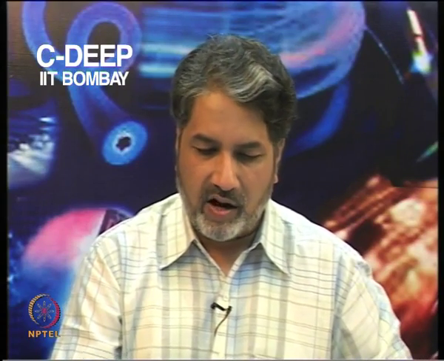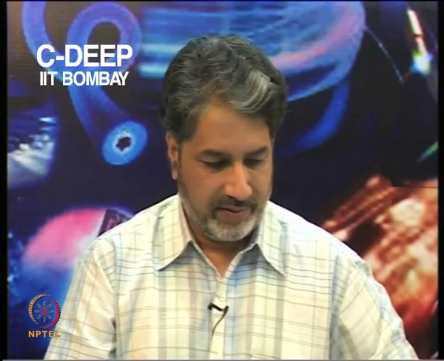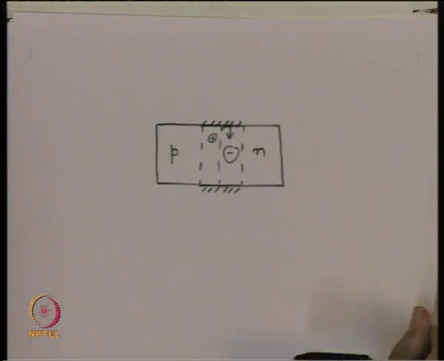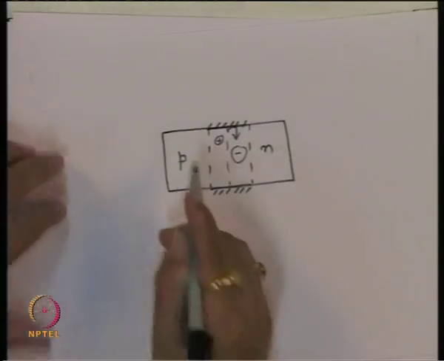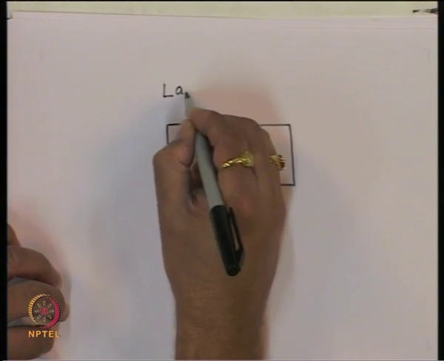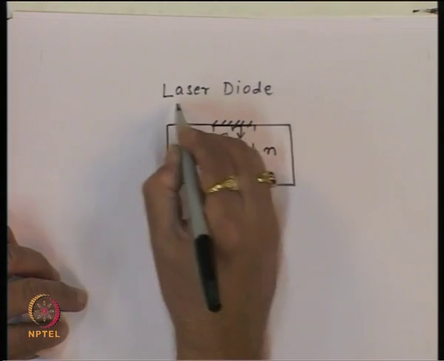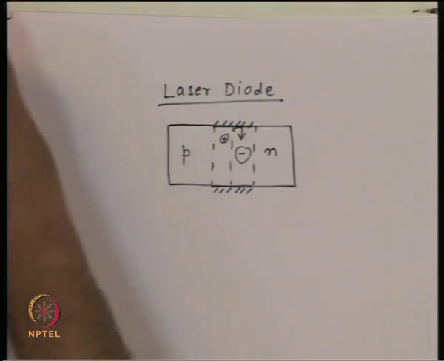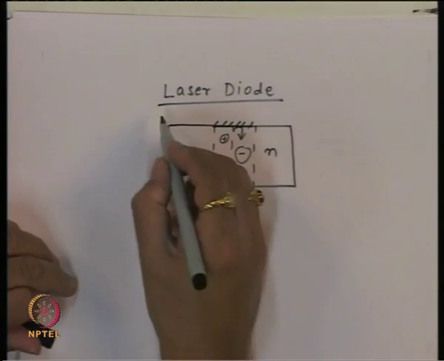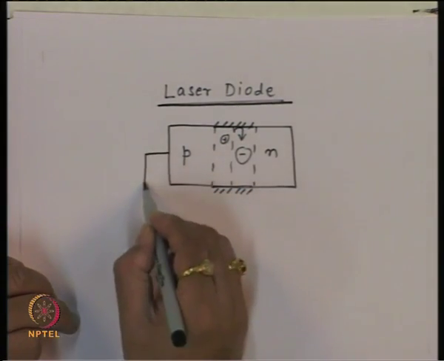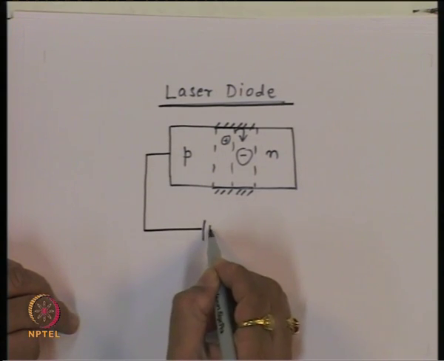So, now if I look at the characteristic of the laser diode, essentially the characteristic would look something like this. Firstly, I take this device, what is called a laser diode, and this is the p-n junction which is forward biased.